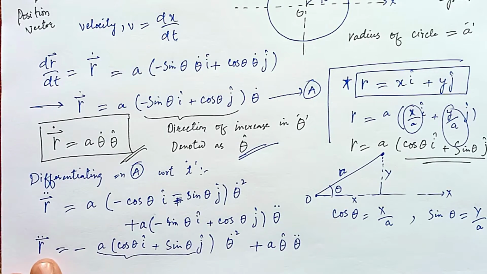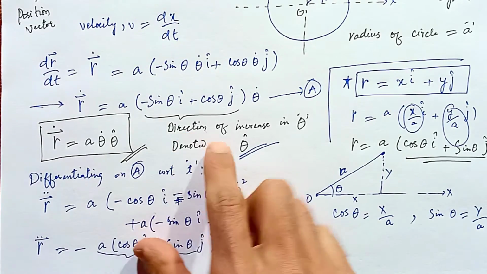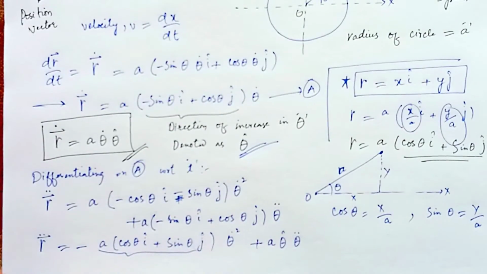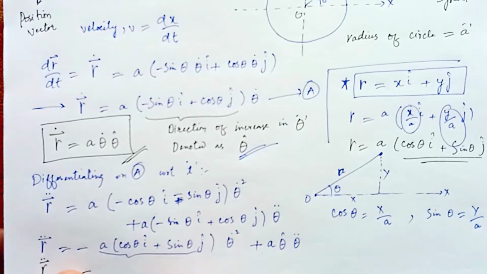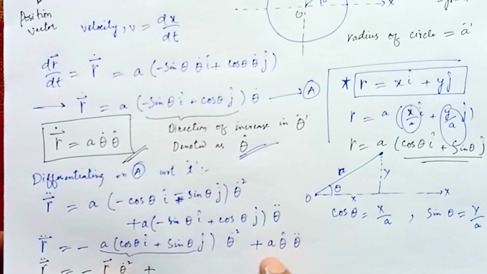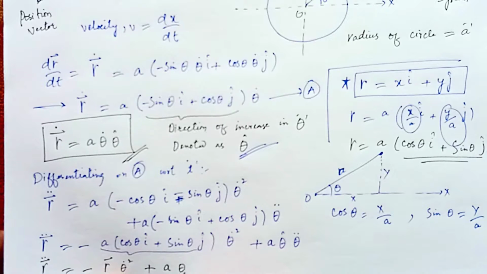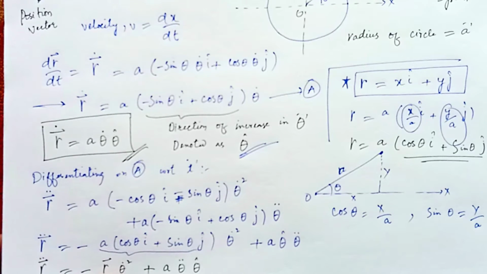Here, after double differentiation, we are getting this very thing, and from this we know this is the position vector itself. So r double dot will be equal to minus r vector into theta dot square plus a times theta hat times theta double dot.